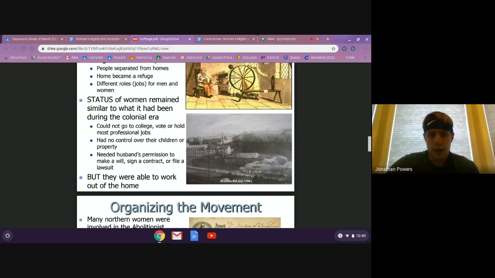Men were considered the head of the household. Women also needed their husband's permission to make a will, which determines what people get of yours when you die, to sign a contract, or to file a lawsuit. They were able to work outside of their home, but again, they needed their husband's permission to do just about everything.